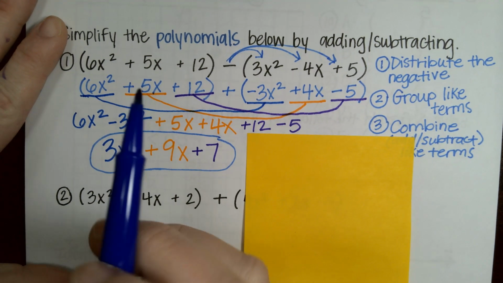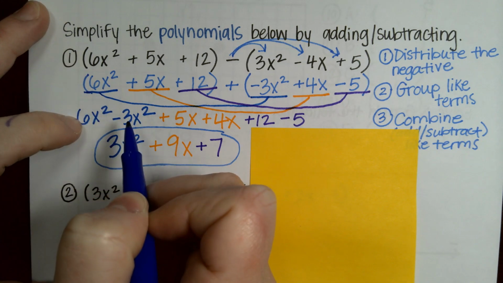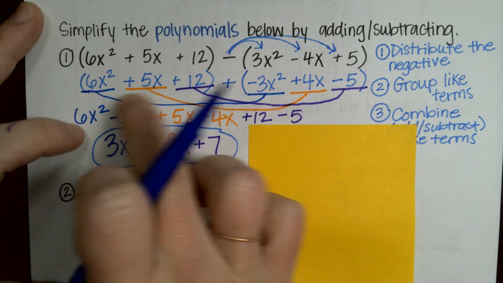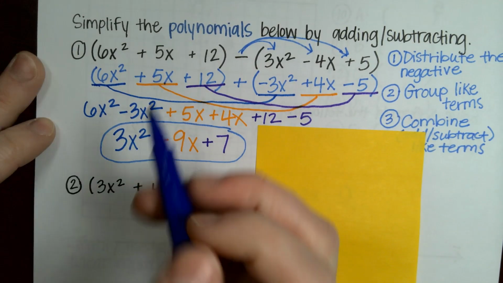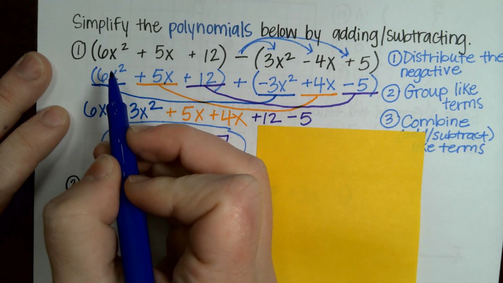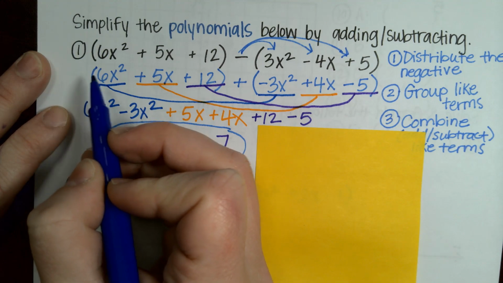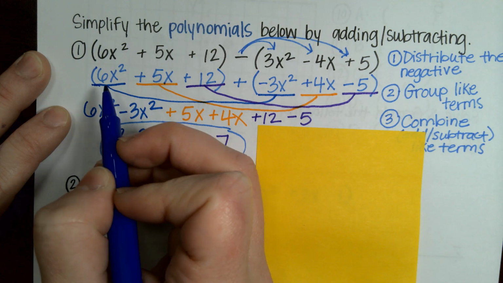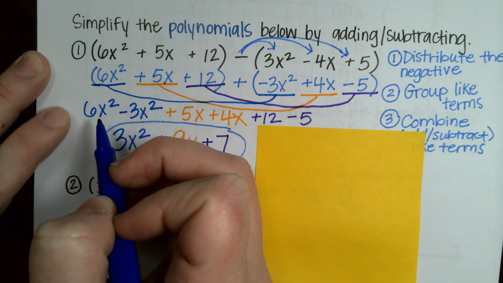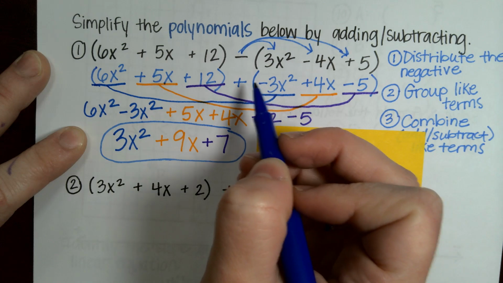So just watch real close while I point to these. When I group my like terms, see how I put the colors together for the oranges and then the purples and the dark blue? All I'm doing is bringing down the number, the variable, and whatever symbol is next to it to the left. So 6x squared, I just brought that down by itself. And 3x squared, there's a negative right next to it.